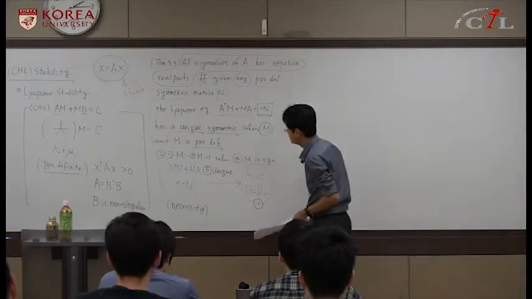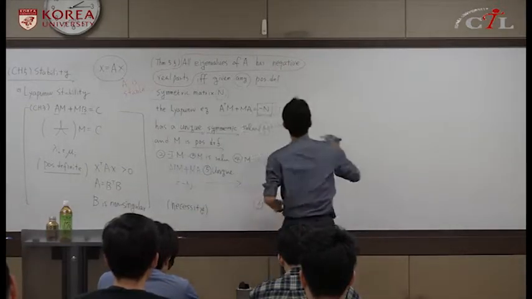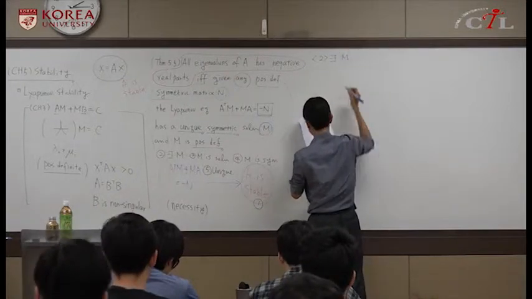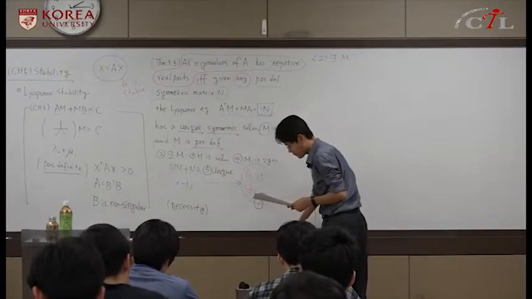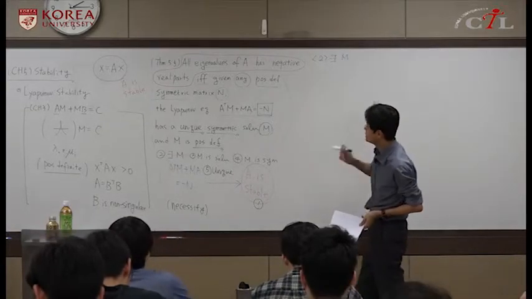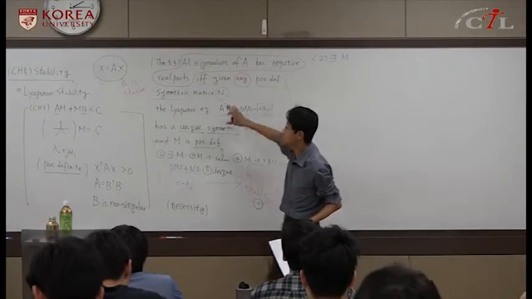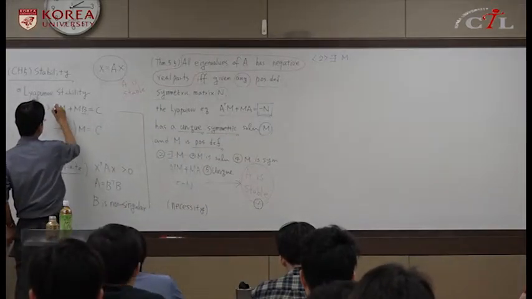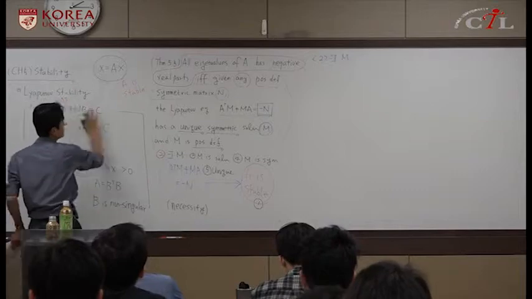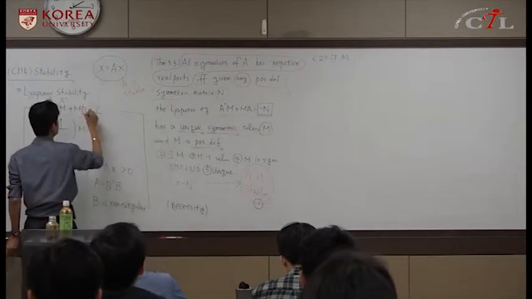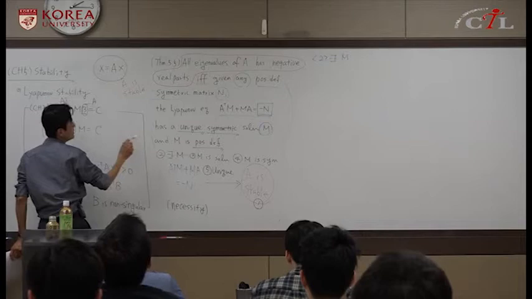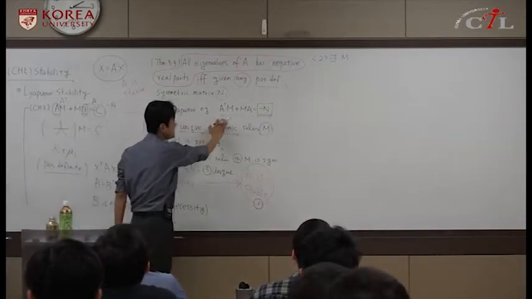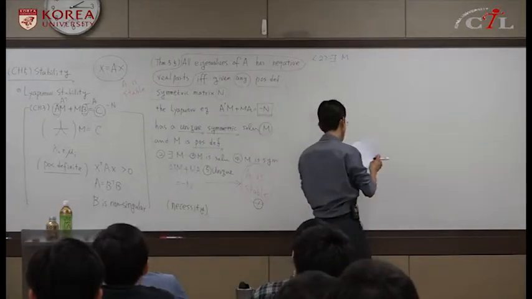And first, let's see whether there exists M. First, this equation is a special case of the general Lyapunov equation, where A is substituted by A transpose, B is substituted by A, and C is substituted by minus N. So this form is a special case of the general Lyapunov equation.